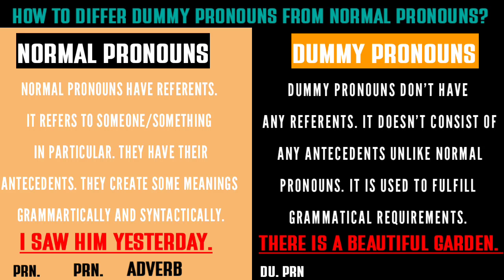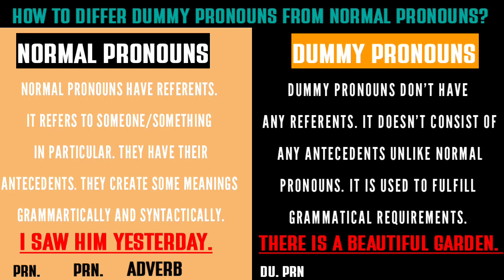For example, if I say, I saw him yesterday, "I" and "him" are both pronouns and "yesterday" is an adverb. In this sentence, "I", which is a pronoun, and "him", also a pronoun, make sense between them because they are connected to each other, and that is called an antecedent. And "I" is referring to a specific person, and "him" to a male.